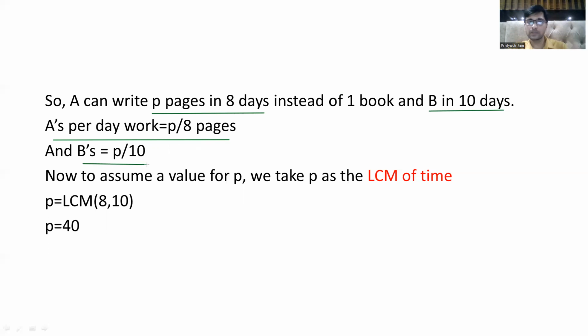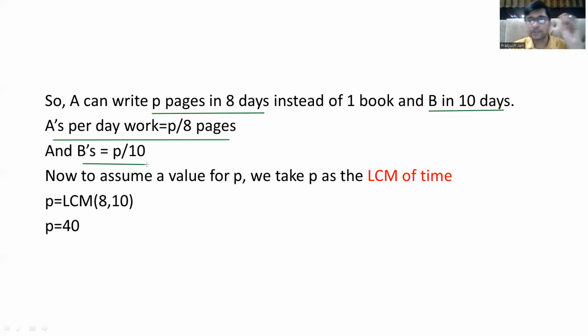So here we have successfully managed to break our one work into some smaller units of some sub work. Instead of one work, now my focus is on P. Instead of one book, now my target is P pages.